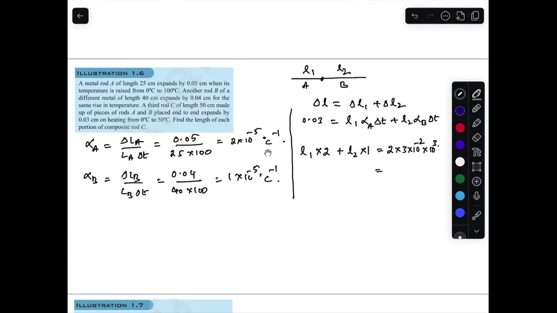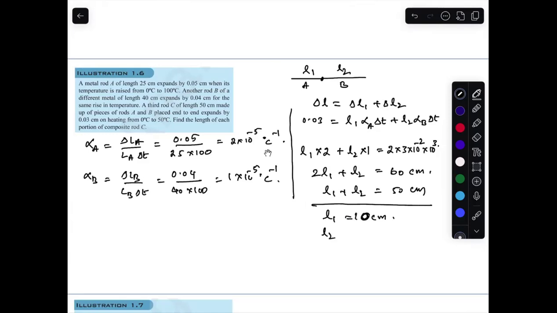What does this come to? 60 centimeters. 2L1 plus L2 is 60 centimeters, L1 plus L2 is 50 centimeters. So the difference: L1 is equal to 10 centimeters. L1 is 10, L2 is 40. Okay?